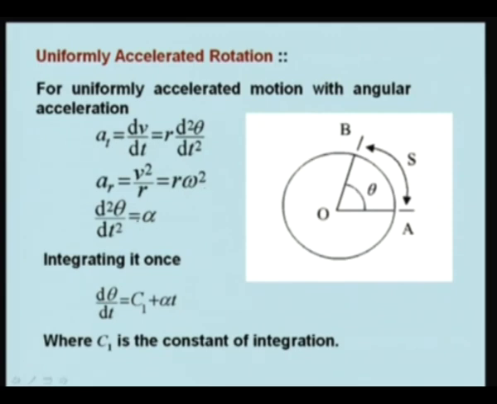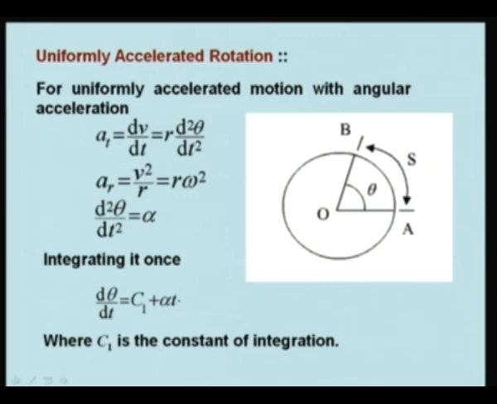Now let us say d square theta by dt square is equal to alpha, which is constant. Now if you integrate it once, you get d theta by dt is equal to c1 plus alpha t, where c1 is the constant of integration. So omega is equal to c1 plus alpha t.